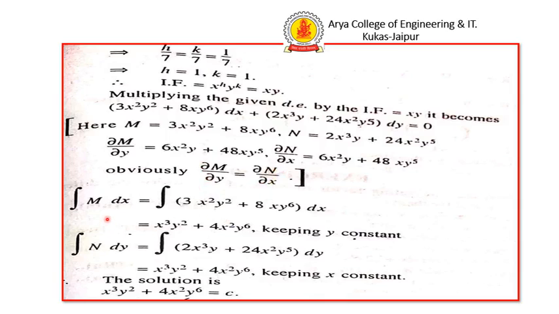Now we calculate the integral of M dx keeping y constant, and the integral of N dy keeping x constant, and in both the terms we check the terms x cube y square and 4x square y to the power 6. Both the terms are common, so we take v equals 0, and the complete solution is given by u plus v equals c.